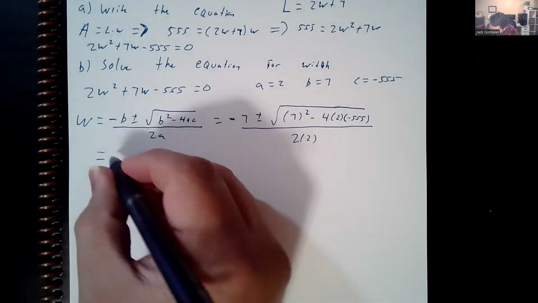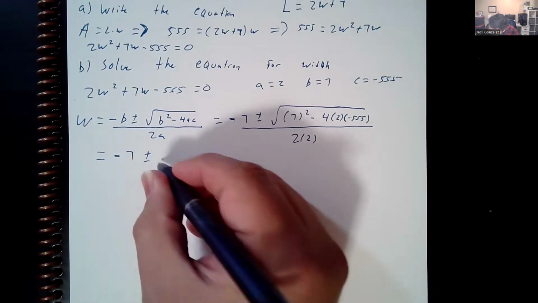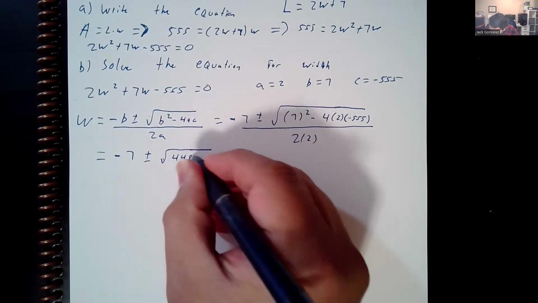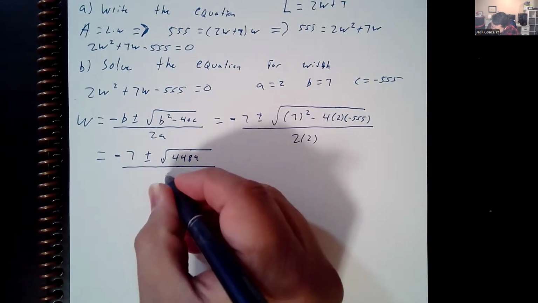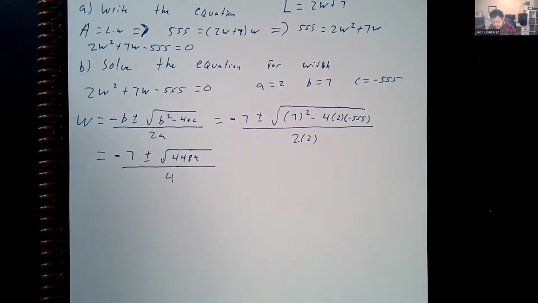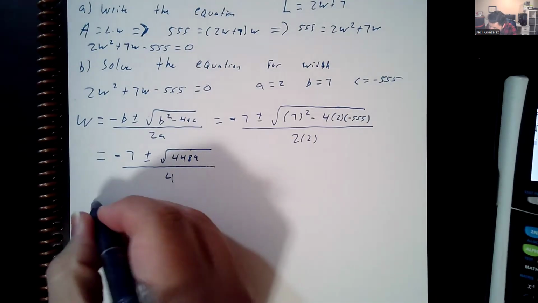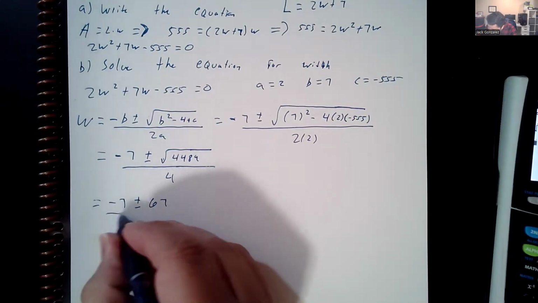So that'll be negative 7 plus or minus the square root of 4489, over 4. Does that have a nice square root? I think it does. Yeah, 67. So the square root of this is 67. So this would be negative 7 plus or minus 67 over 4.